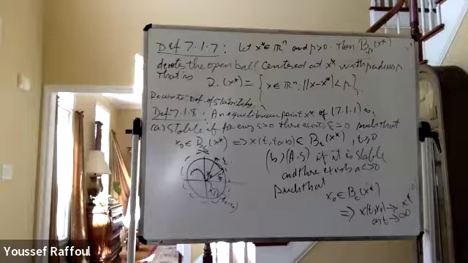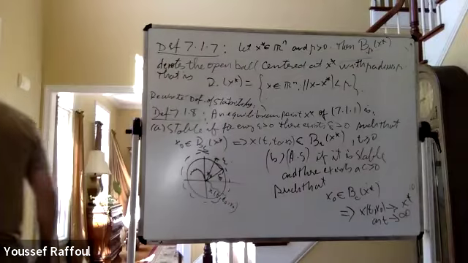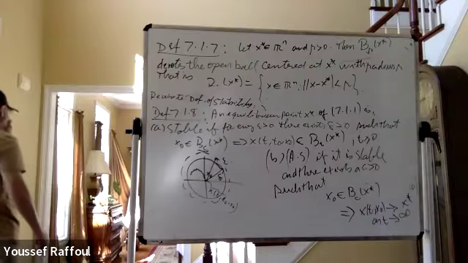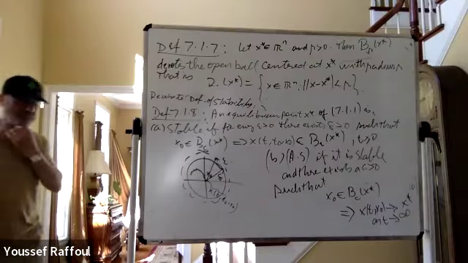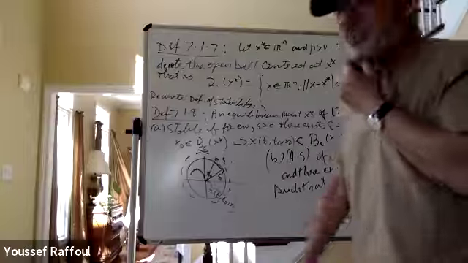So I am going to do a theorem here in a second. Prove a theorem. Any questions? I assume this definition of stability is equivalent to the ones that we did earlier. Yeah, they're totally equivalent.